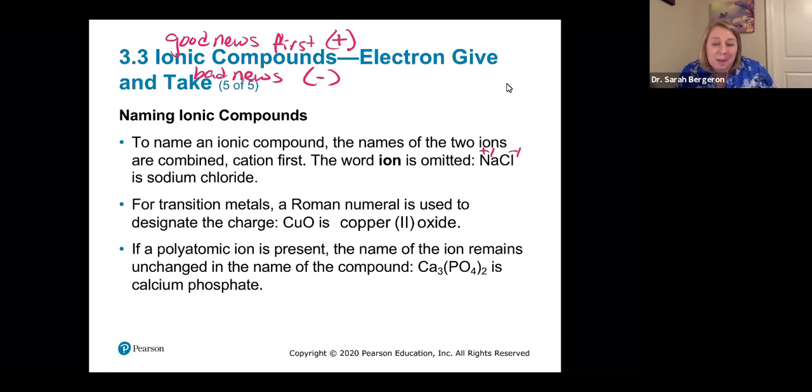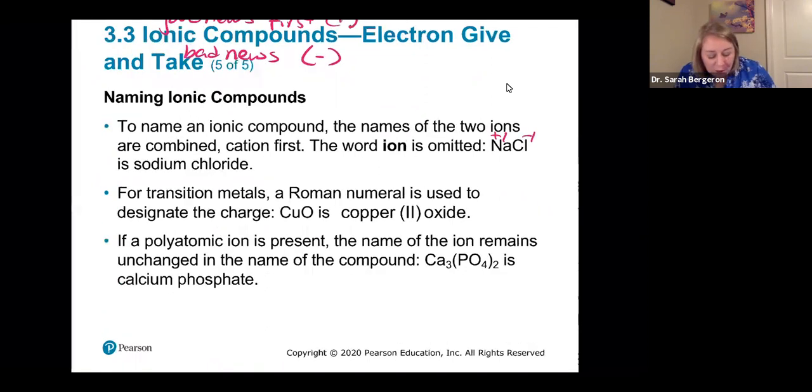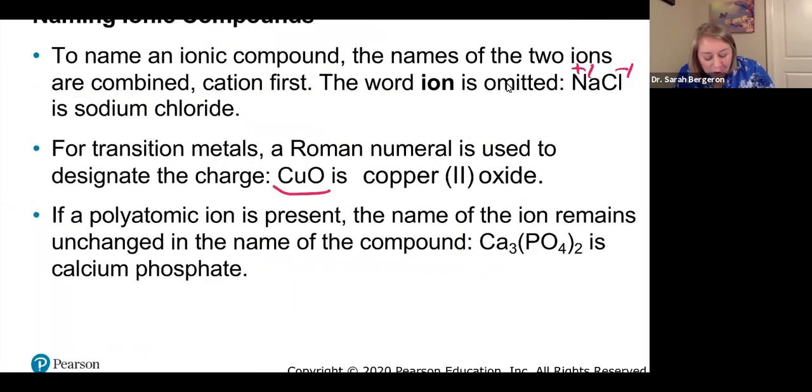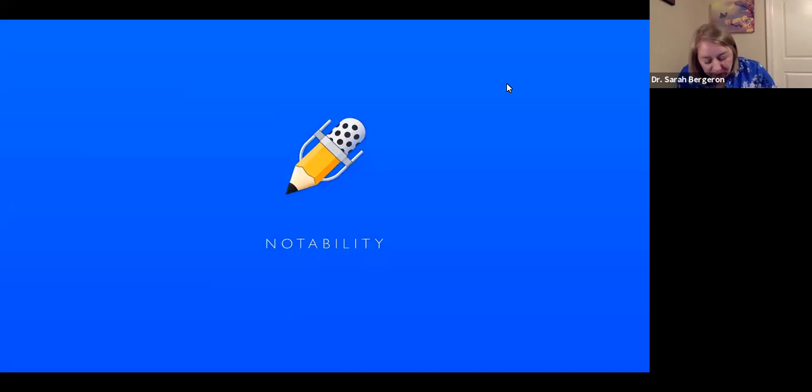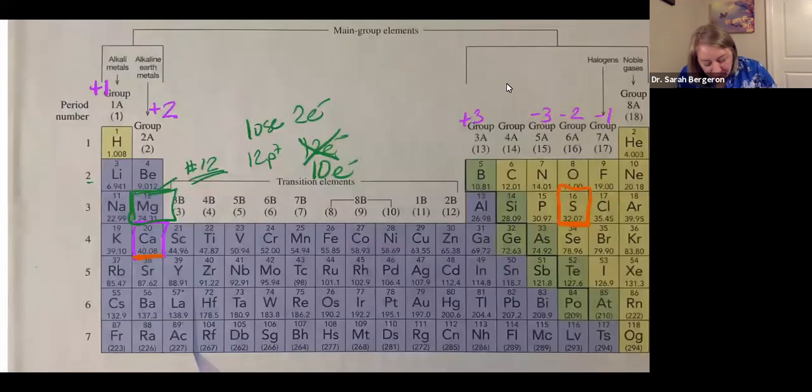For transition metals, right? Just like we did in the ion, we're going to use those Roman numerals. So copper, if we don't know the charge, because we said copper is one of those transition ones that can have multiple. I know my oxygen, so if I have Cu and I have O, I go to the periodic table and find oxygen.